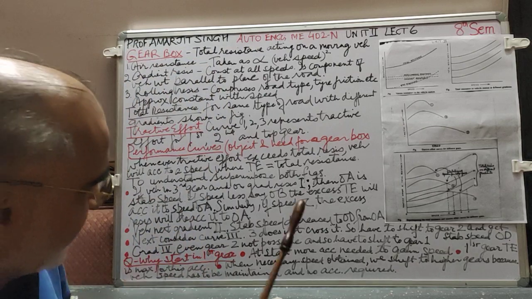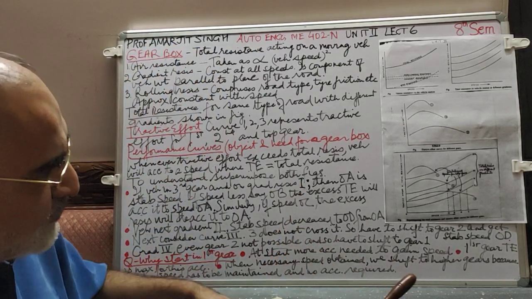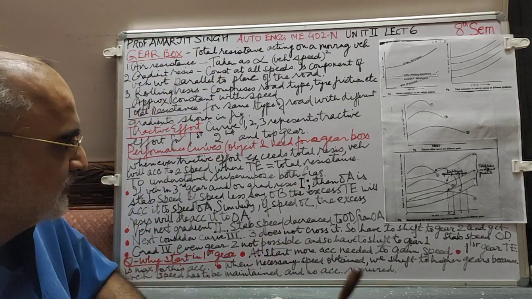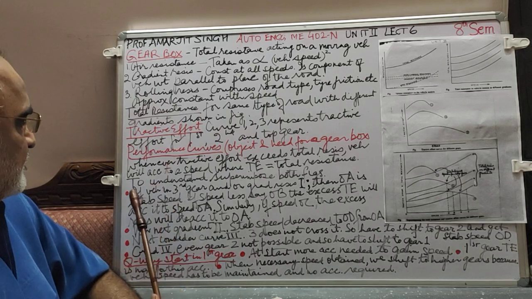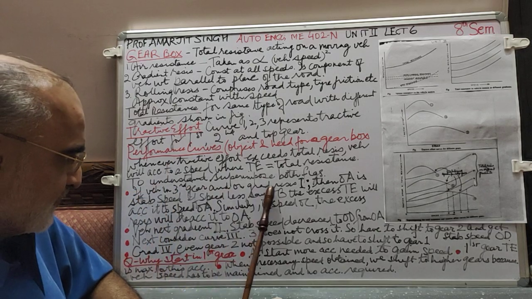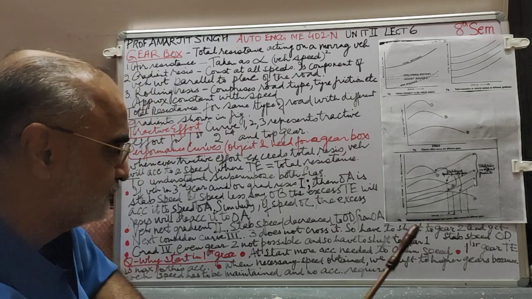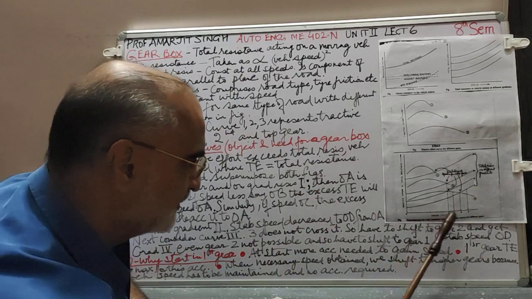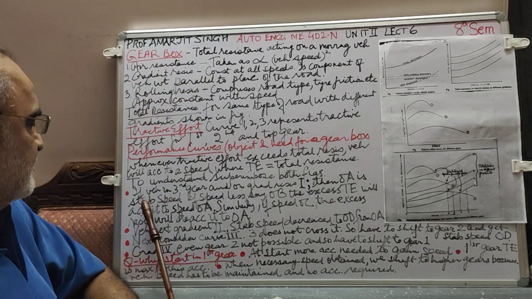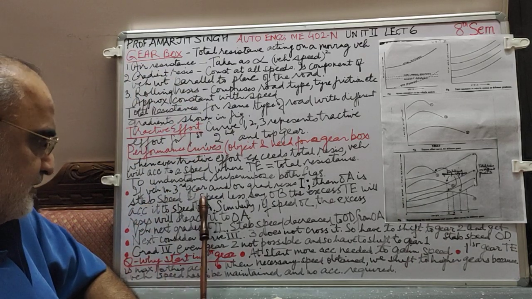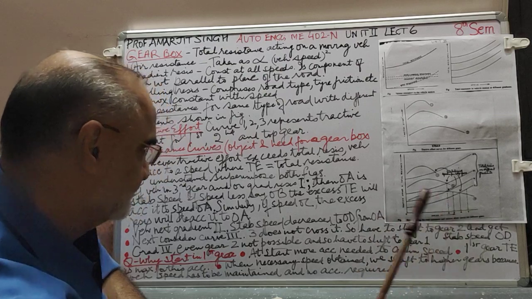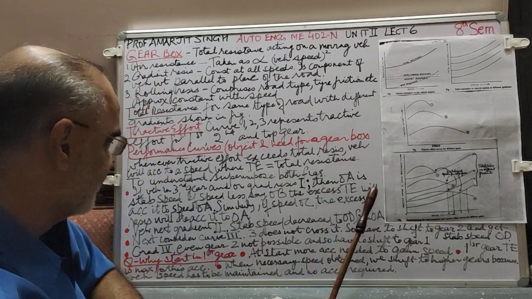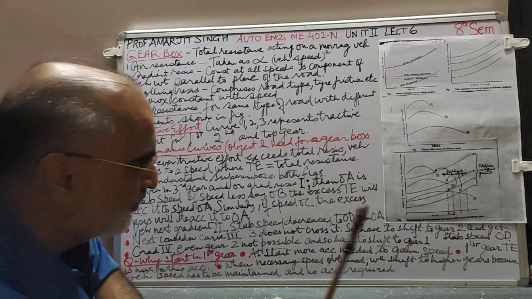Now we can read this so that once you repeat it, you will understand it better. If vehicle in third gear and on gradient resistance 1, then OA is the stabilizing speed, as I said. If speed less, say OB, the excess tractive effort will accelerate to speed OA.